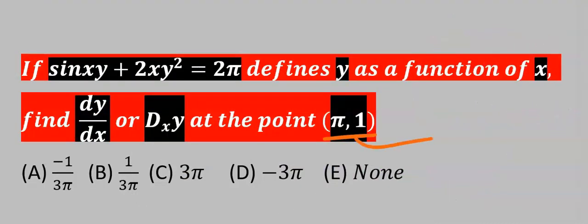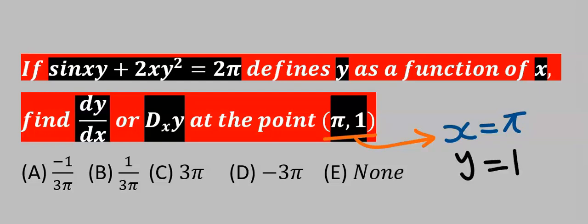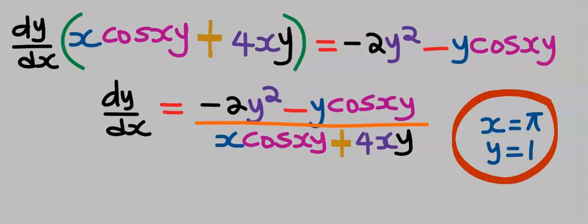Next, we're going to substitute for x is equal to pi and y is equal to 1 into our dy dx. Next, now that we have obtained our dy dx, wherever I see x, I'm going to put pi, and wherever I see y, I'm going to put 1.